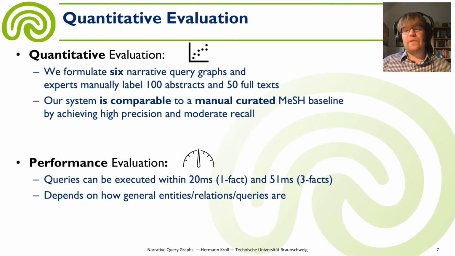And if you use variables, it depends on how general your query is. If you are querying, for example, all drug disease treatments in literature, this will take some time. If you are more specialized, then the query will be performed much faster. And if you would like to know more about both, then please have a look at our paper.